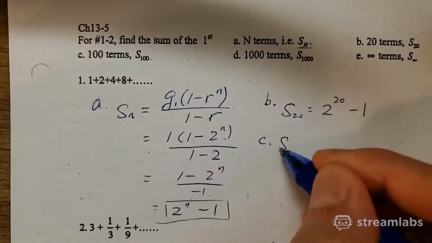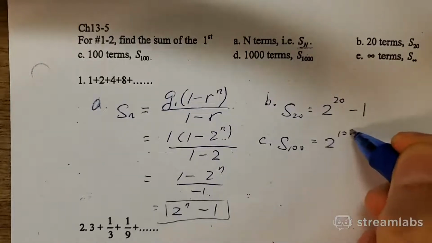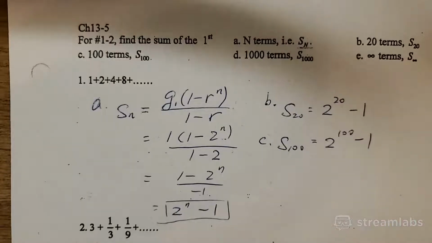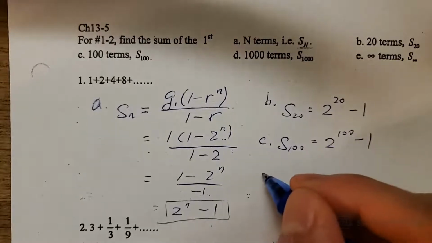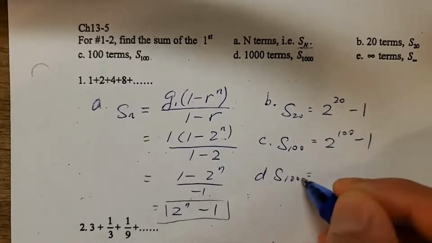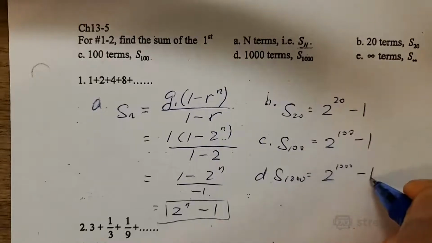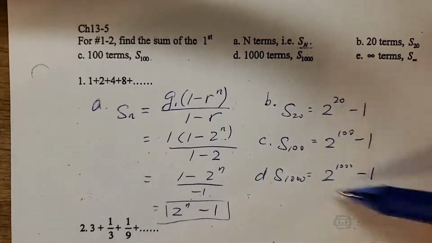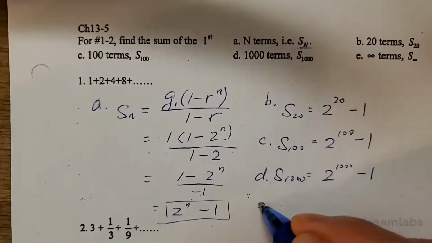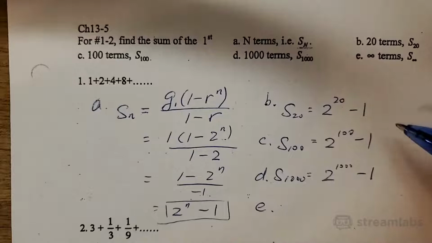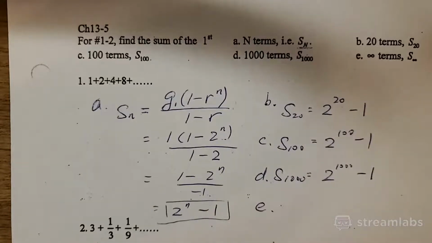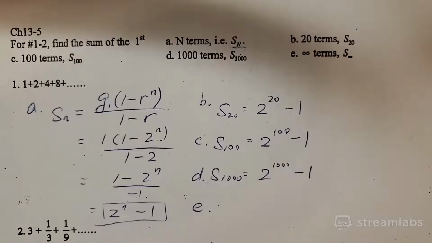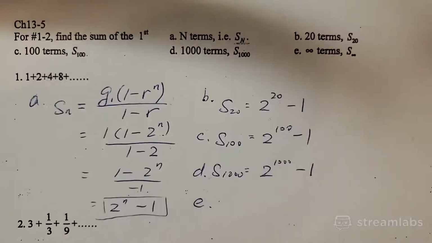It takes too long, too many numbers, too many digits. S100, same thing. S1,000, same thing. Now, what is happening? How is it getting bigger or smaller? Let me give you a sense. Because they're asking you about infinite terms, what happens in the end? You keep adding things.